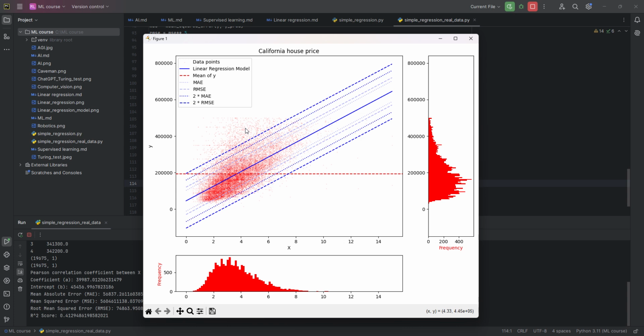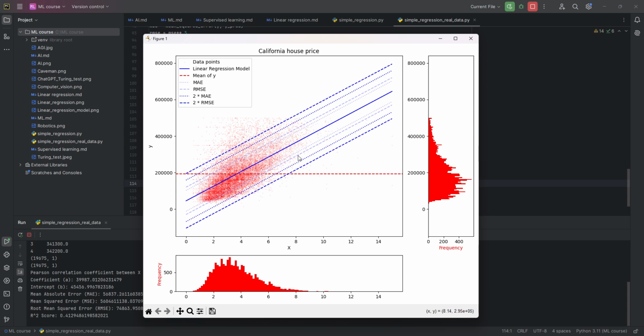These points are making a lot of problems because they are much further from the model. And when we are using the square error, there will be more penalty for these points, and then the RMSE is greater than the MAE to reflect more penalty for these points.